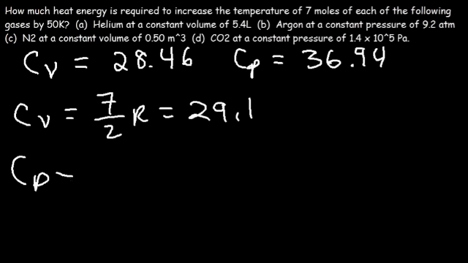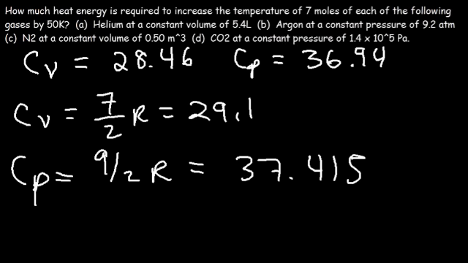Now for Cp, it's approximately 9 over 2 times R. This will give you 37.415. So it's not exactly the same, but it's still close enough.